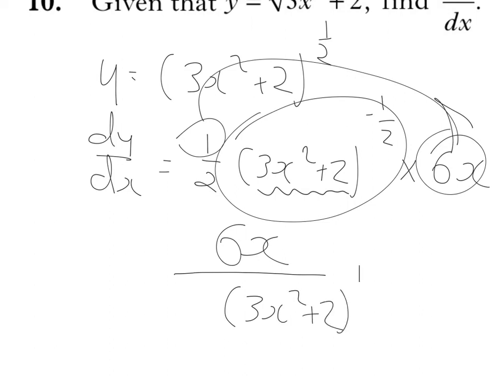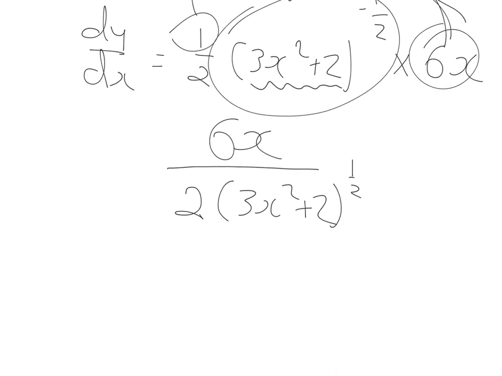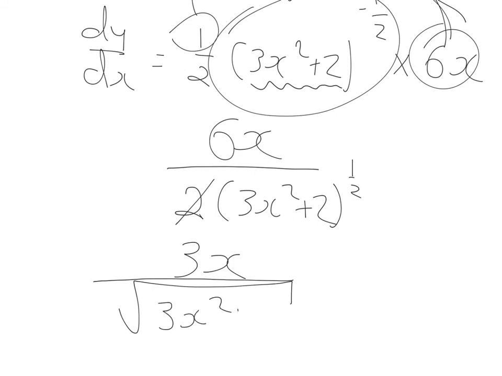And that will be 3x squared plus 2 all to the power 1/2 with 2 at the side. 6 over 2 will cancel down to 3, so that's 3x over the square root of 3x squared plus 2. That's the final answer.